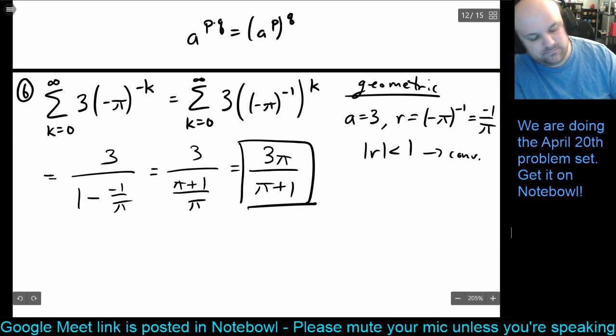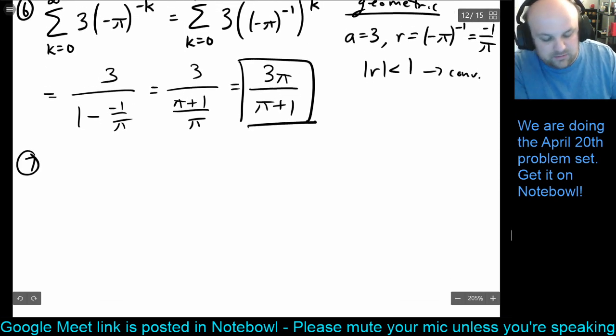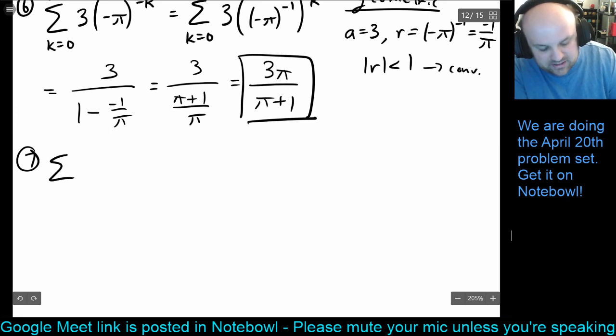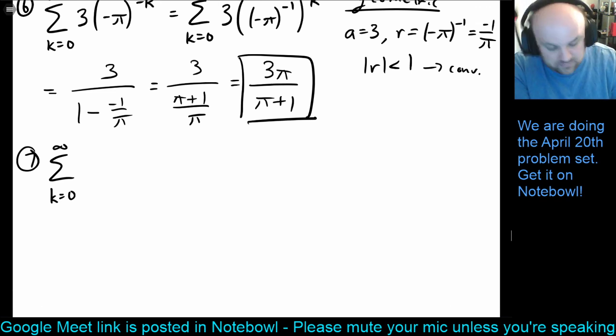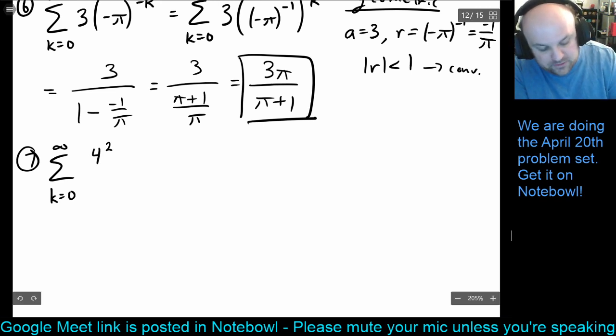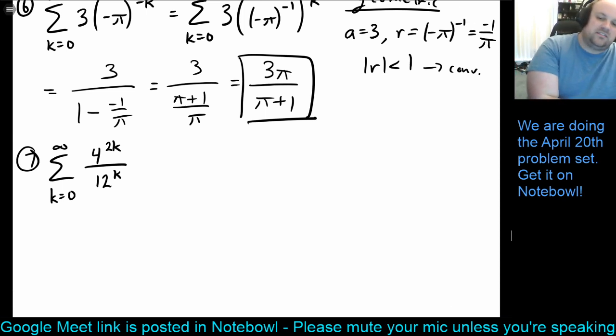Great. So let's look at the last one here. Number 7, we're looking at the sum as k goes from 0 to infinity of 4 to the 2k over 12 to the k. Again, this looks pretty close to a geometric series, but is it one?